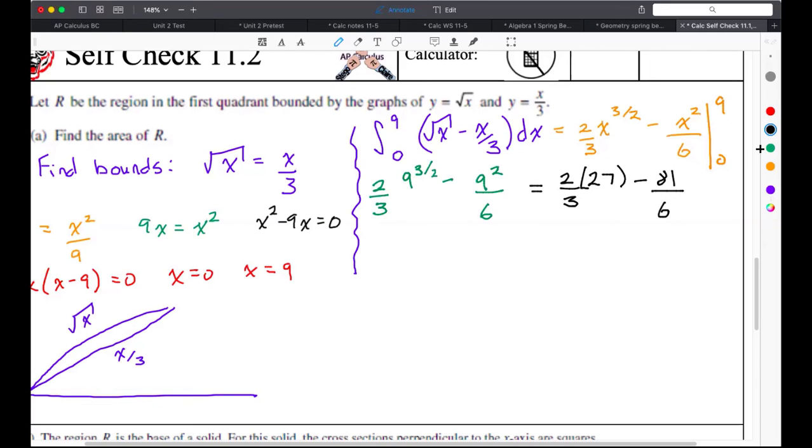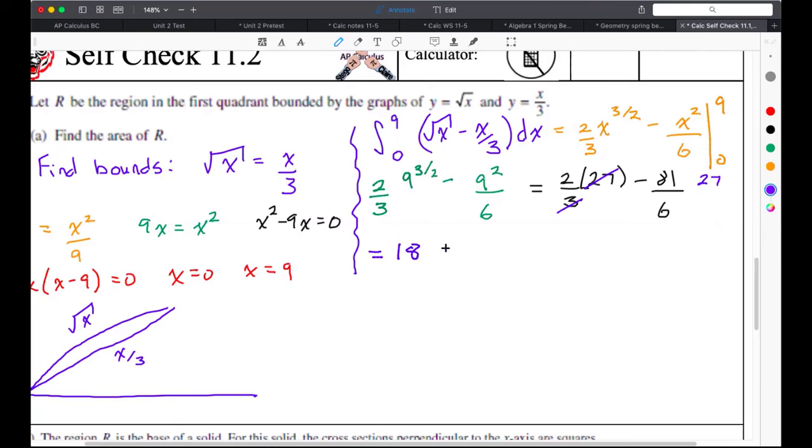Okay, then I just have to reduce the fractions, essentially. So what have we got here? We've got 27 and 3. I can divide top and bottom by 3, and that's going to leave 9 on the top, and then 9 times 2 is 18. And then from there, I have 81 over 6. I can reduce by dividing the top and bottom by 3, which gives us 27 over 2.